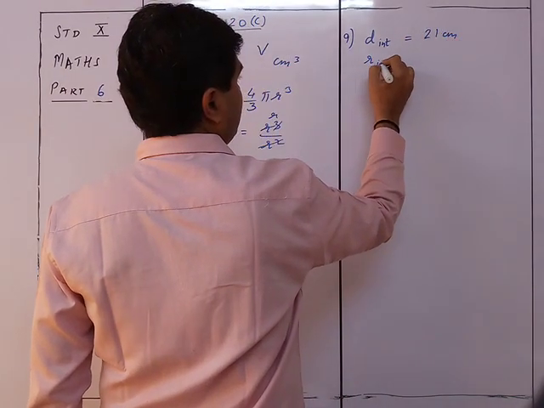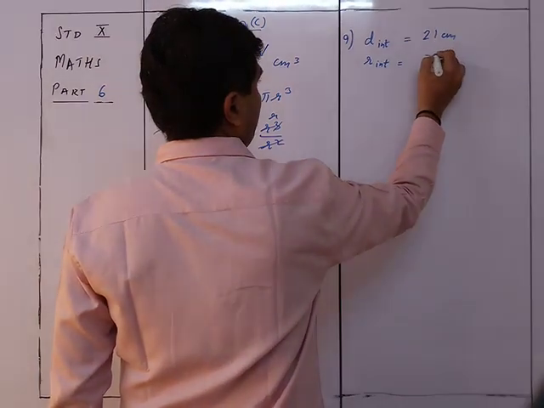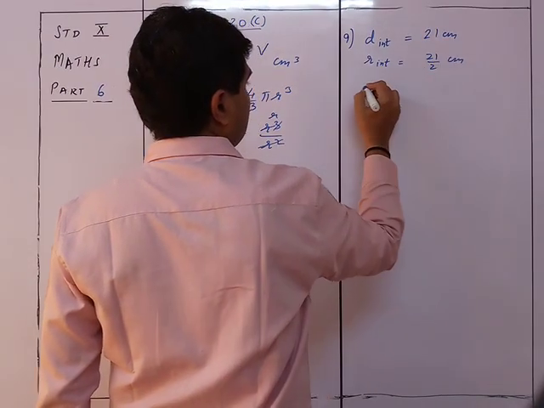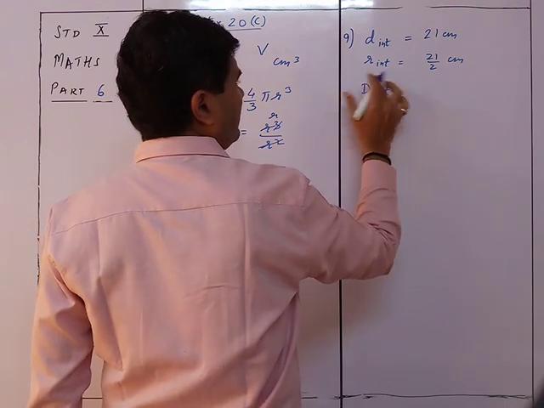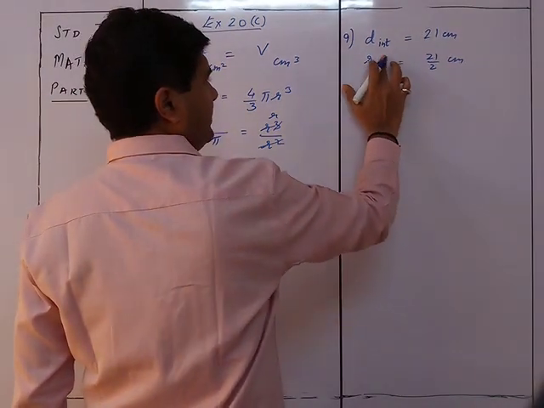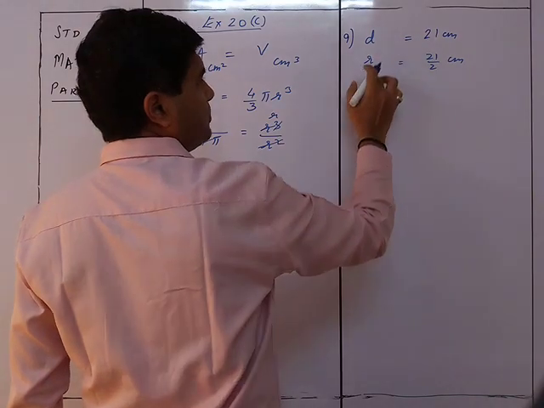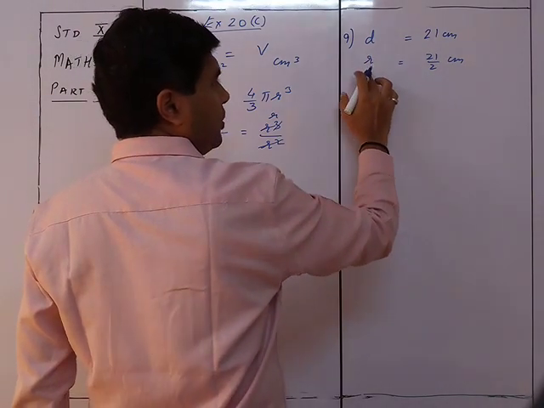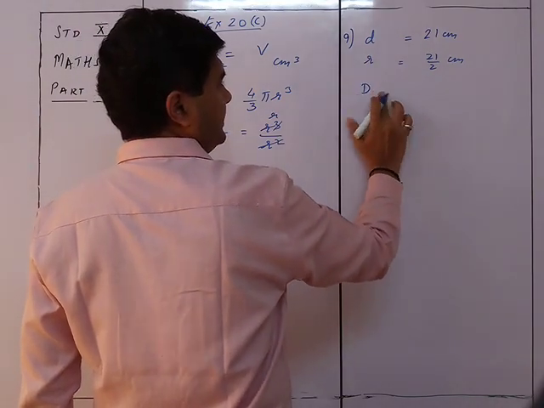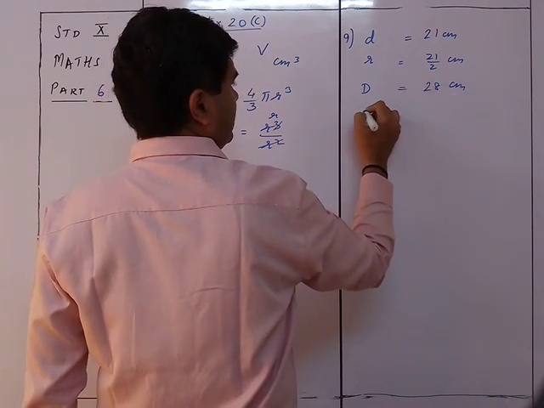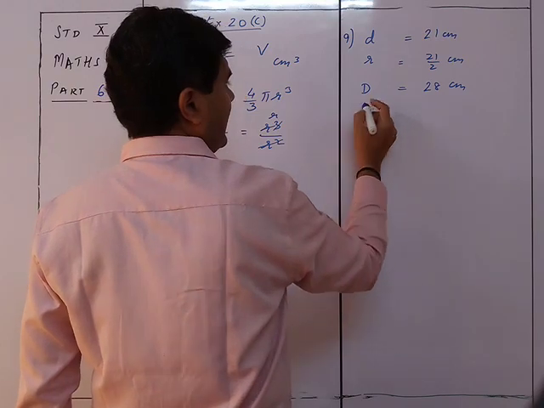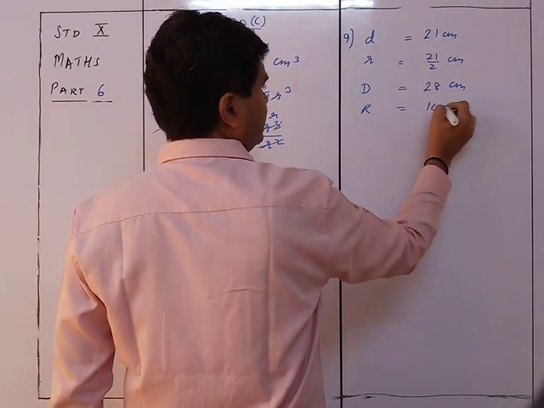Therefore, radius internal is equal to 21 upon 2 centimeters. For external, we'll make it as small d and capital D to make it easier. Small d is internal, small r is internal radius, and external D is capital D, which is 28 centimeters. So capital R will be equal to 14 centimeters.